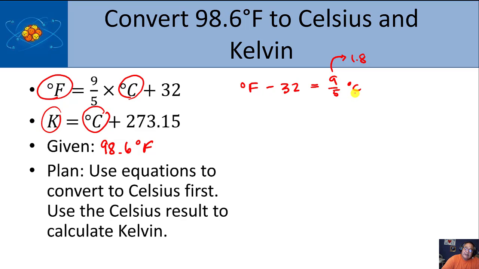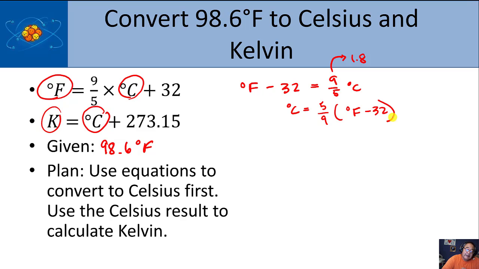And then what I need to do is multiply by 5 over 9, and so that's going to be degrees Celsius is equal to 5 over 9 times degrees Fahrenheit minus 32. Okay. Now that's essentially dividing by 1.8, 5/9.